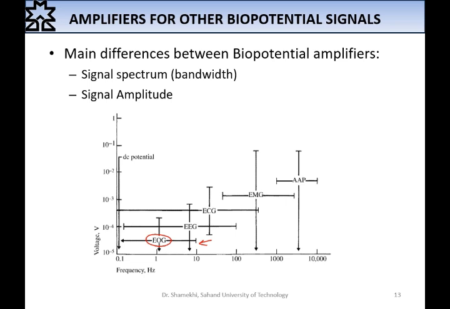EMG also has high voltage amplitude and also consists of high frequencies in its bandwidth, and AAP also has high voltage amplitude and high maximum frequency content.